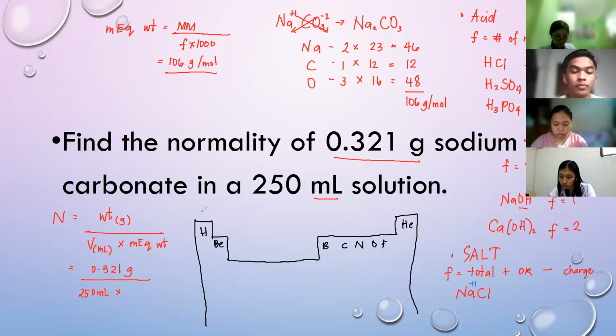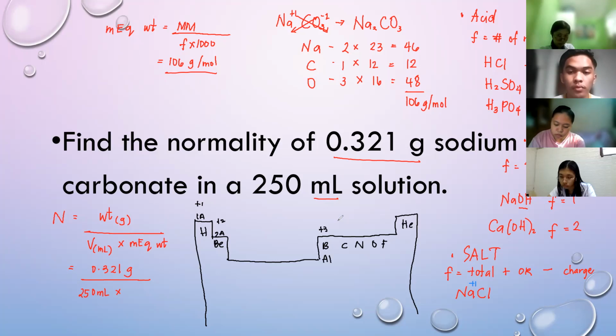So do not forget ha, lahat ng nasa group 1A ang charge positive 1. Lahat ng nasa group 2A, beryllium pababa, positive 2. I-refresh lang natin, baka nakalimutan na. Lahat ng nasa boron group, aluminum yung nasa baba niyan, lahat sila positive 3.